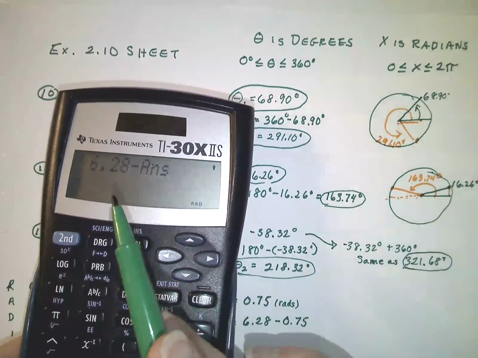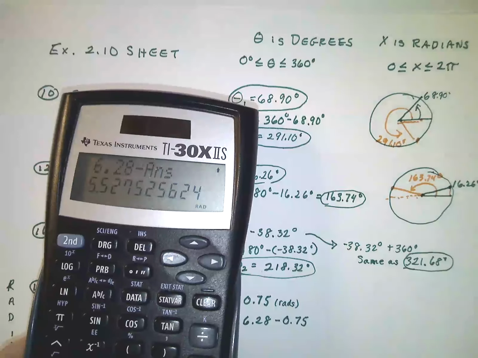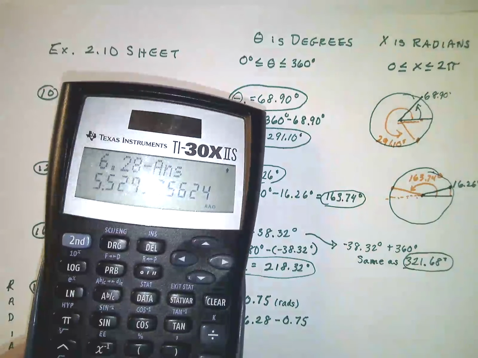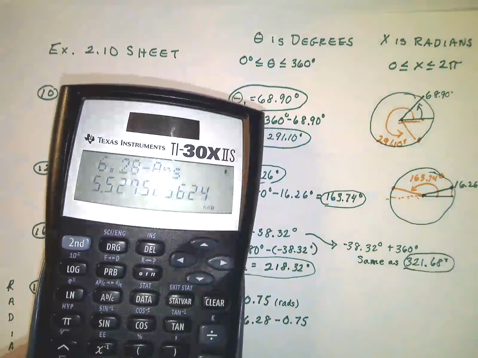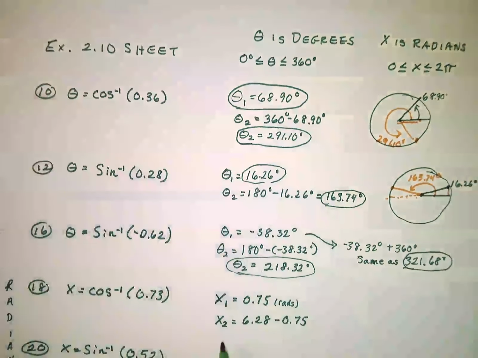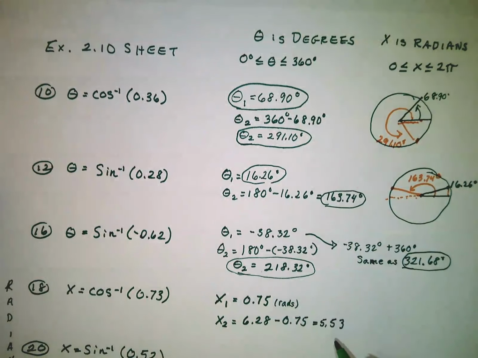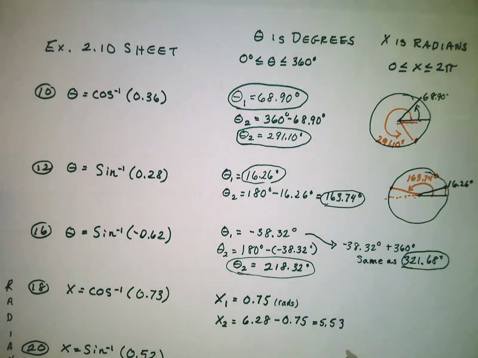I'm going to take 6.28 minus whatever the last answer is. And it tells us that to the nearest hundredth, that would be 5.53. Which once again is in radians.